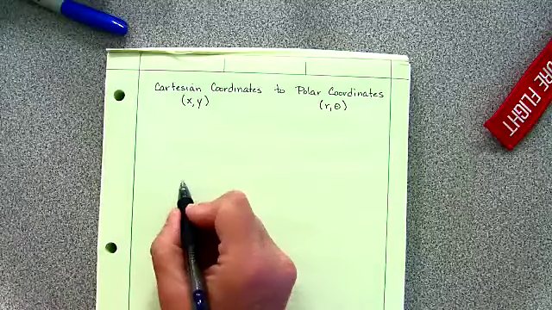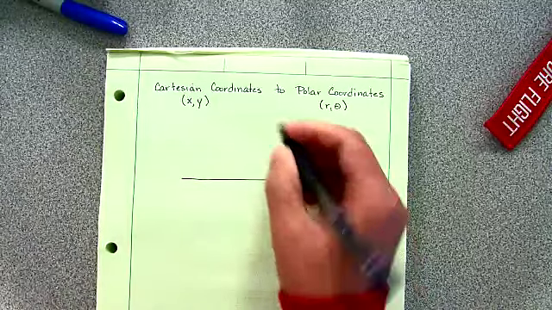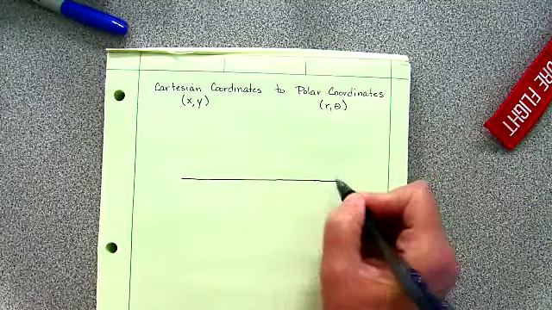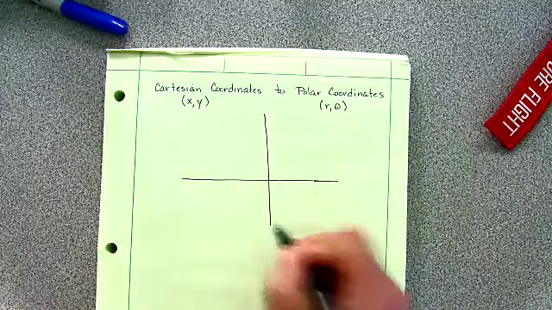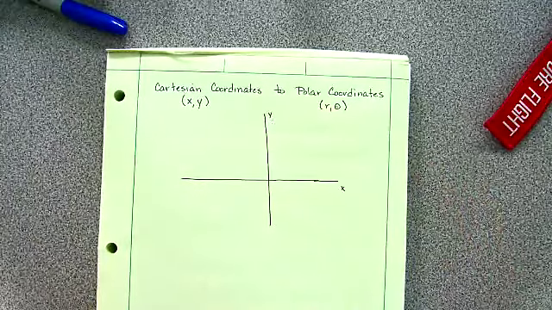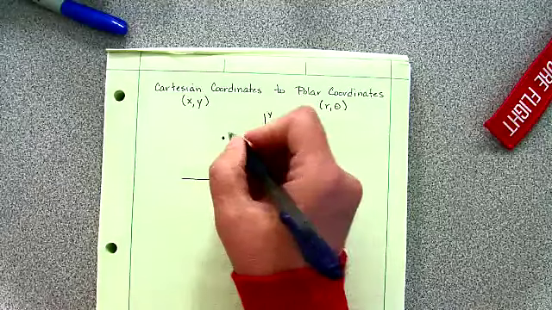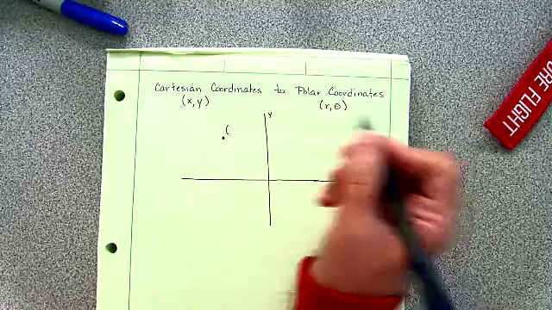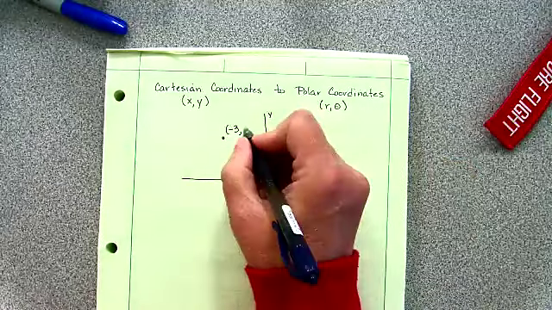Now, the big question is, if I'm looking at my chart here, this is my X coordinate, this is my Y coordinate, and we're going to pick a point here, and we're going to say that this point is -3, and we're at +3.